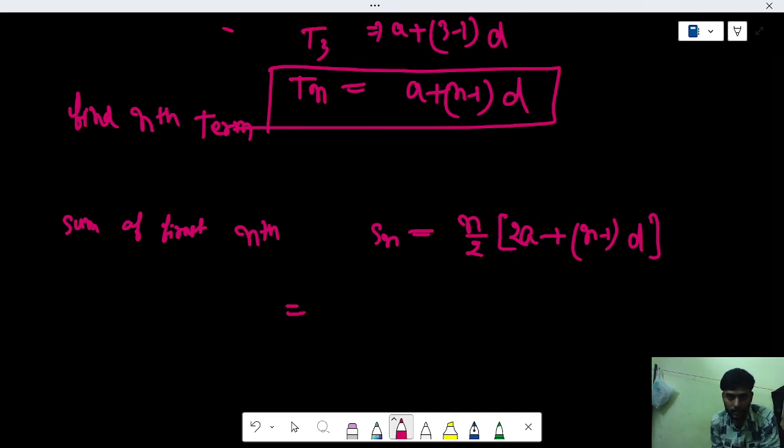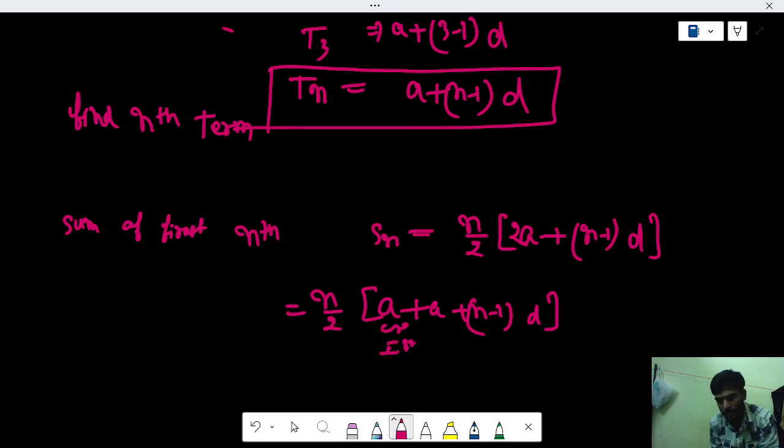We can also write n by 2 into a plus l, where a is the first term and l is the nth term.